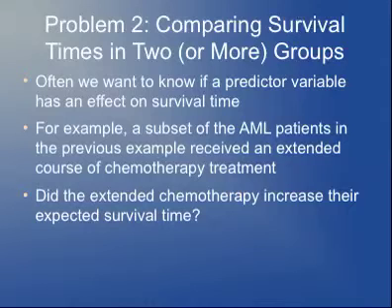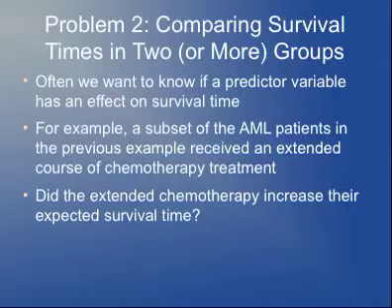Let's say that we have two different groups and we want to know if there are differences in the survival times of the two groups. You can obviously just calculate the Kaplan-Meier plot separately for each group, but you might also wonder, is there a statistically significant difference between the two groups?